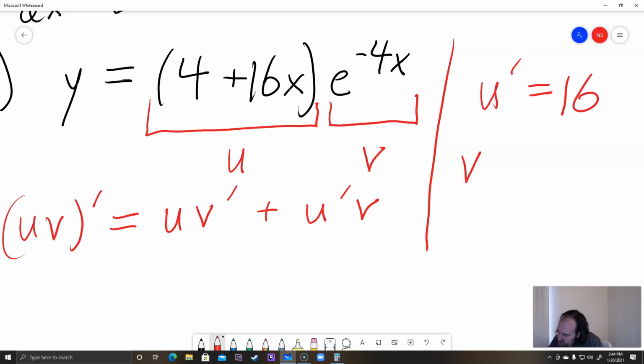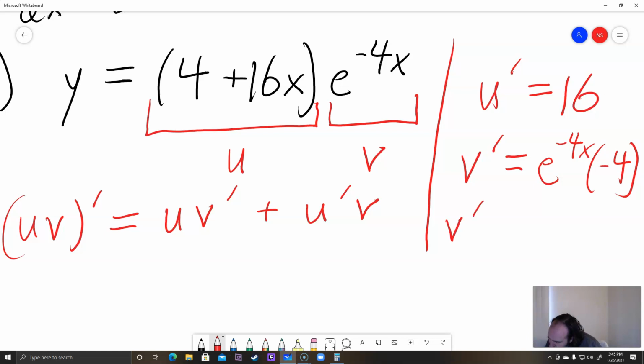And then for v prime, remember the derivative of e to the u is e to the u times u prime. So here it's just going to be e to the negative 4x times the derivative of negative 4x. So that's going to be times negative 4. Okay, so that means our v prime is actually going to be negative 4 e to the negative 4x.